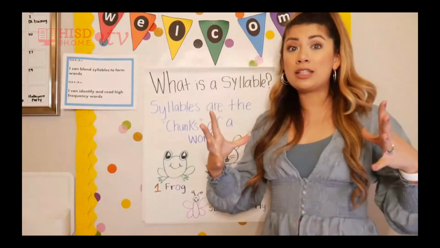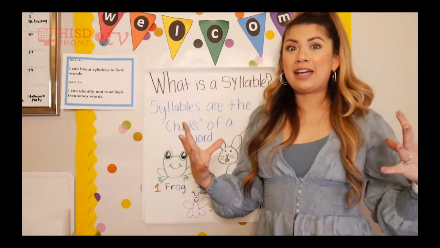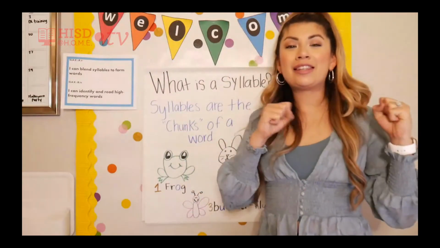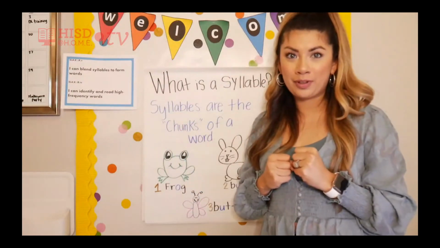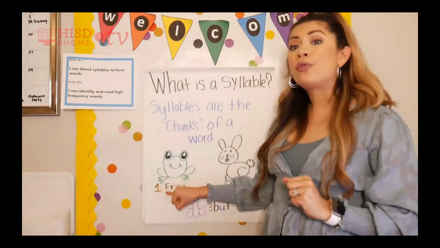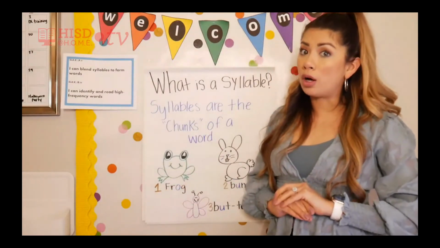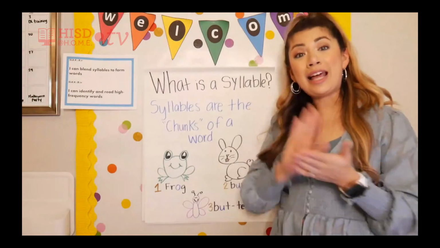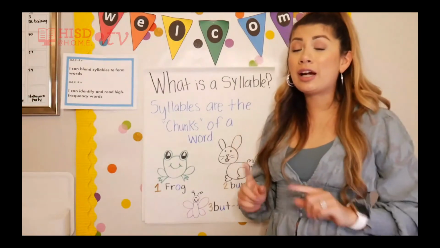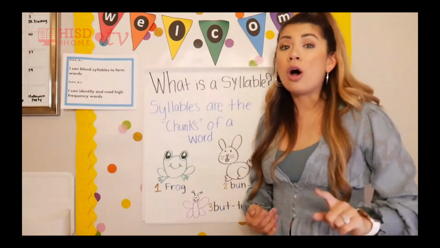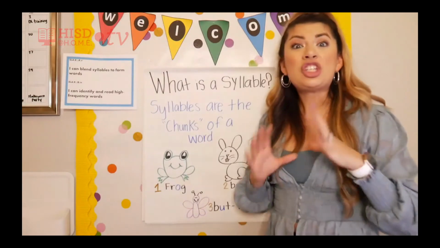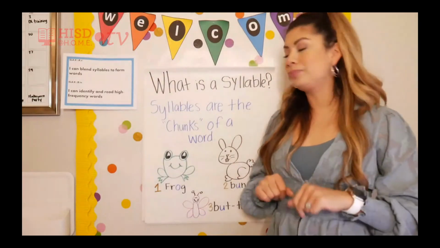Think of the words. Each word is a cake, and we take the pieces that make that cake. For example, frog. We can clap to hear how many syllables are in each word, how many chunks are in each word.